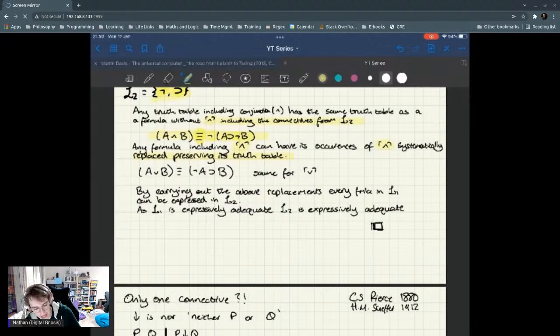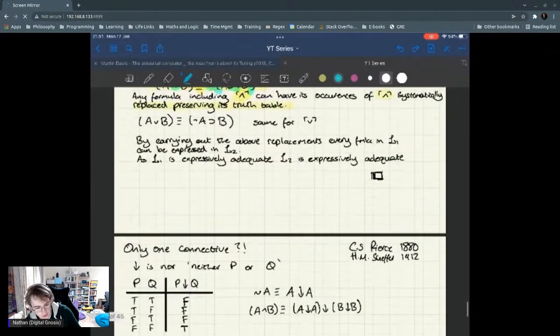So if we have any formula in which there are occurrences of and, we can go through and systematically replace occurrences of and with these connectives. I suppose they sort of stay the same, but systematically just replacing the way that the formula looks like that, and the truth table will remain exactly the same.